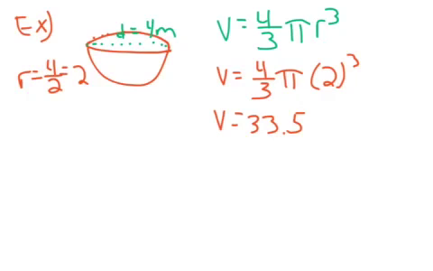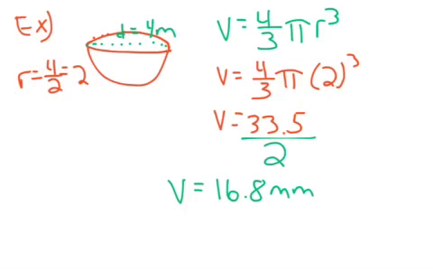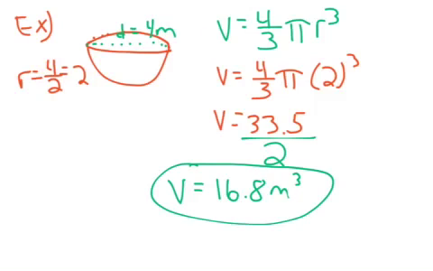So once I get that, all I have to do is divide it by 2, and I would get an answer of 16.8 cubic, whoops, I wrote too many M's, 16.8 cubic meters. Remember, all I did was plug it in as if it was a whole sphere, and then once I got that answer, I just divided it by 2 to give me half of the sphere, which is my hemisphere.